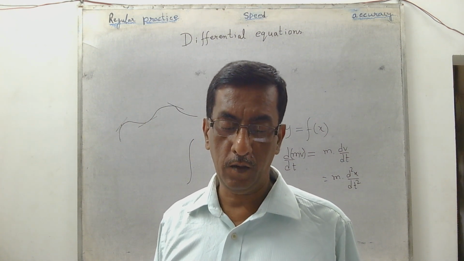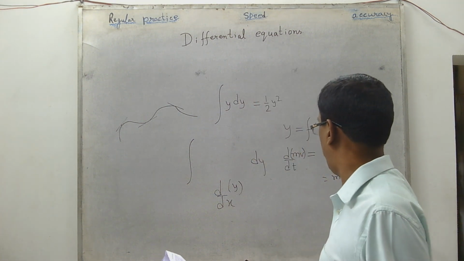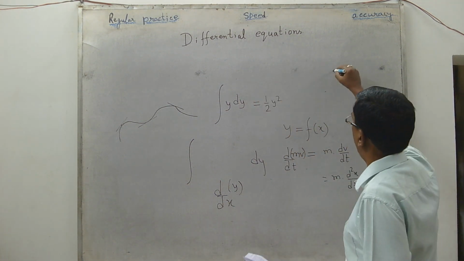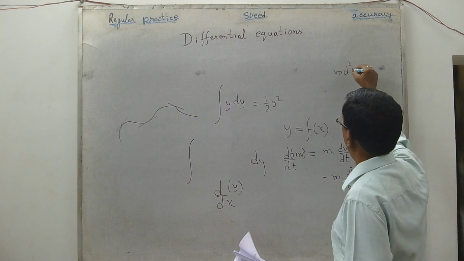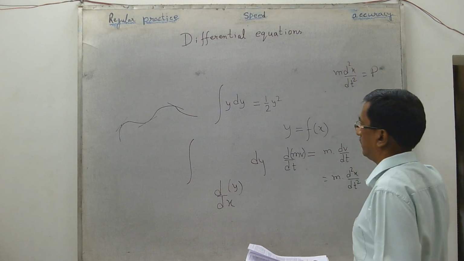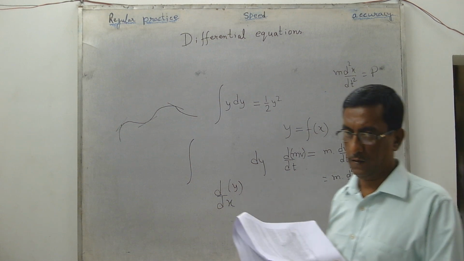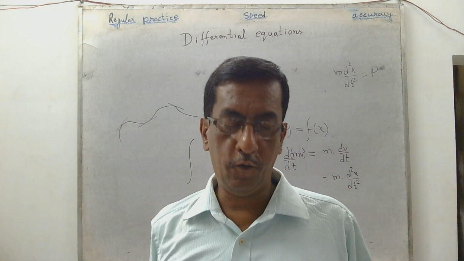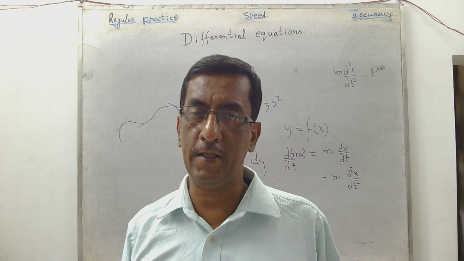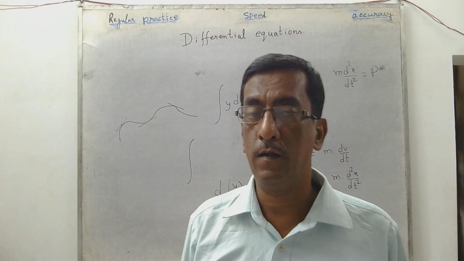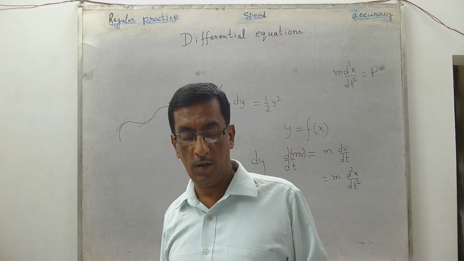For example, the solution of this m d square x by dt square equals p. If we establish the relation between x and t from that equation, we will get the solution of the differential equation.